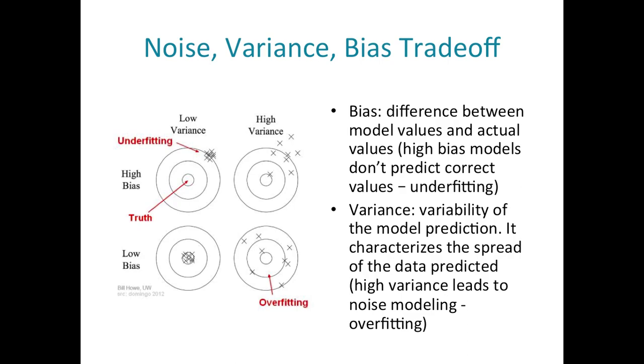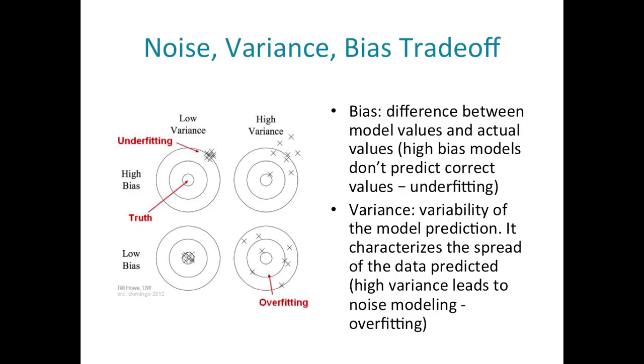That's a high bias. But the values are really similar to each other. There's a low variance. That setting is what we could define as underfitting. This is basically a model that doesn't predict well any of the values that we want to predict. It's not sufficiently trained.